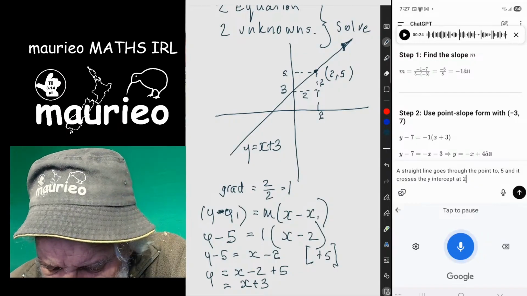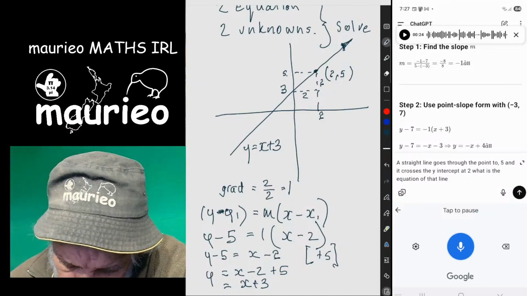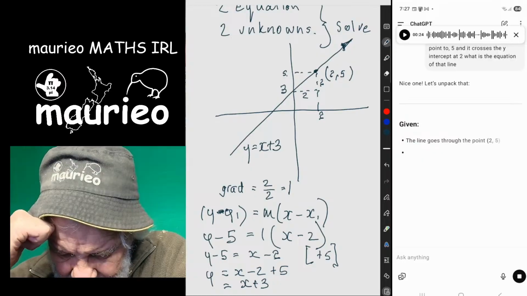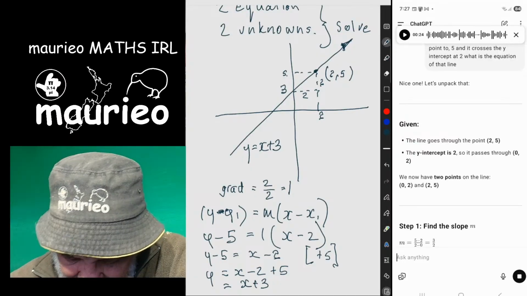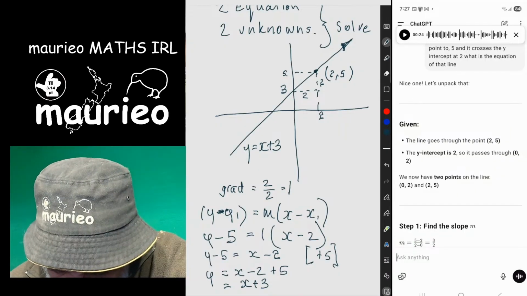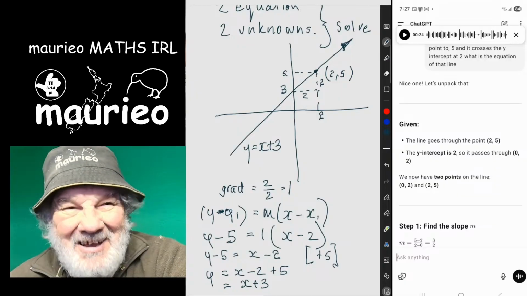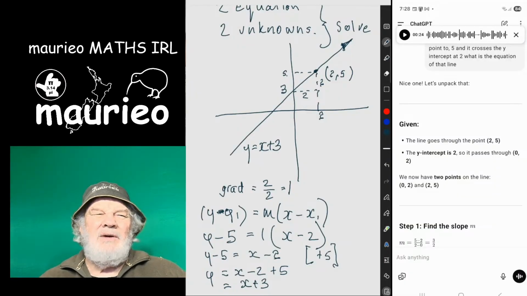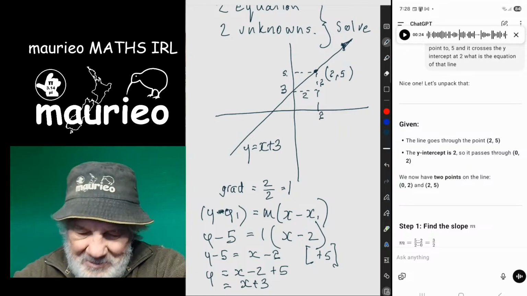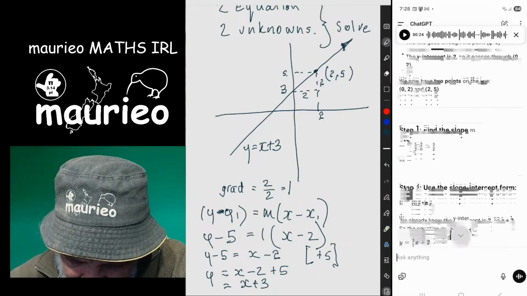What is the equation of that line? So there we go, and let's unpack (2, 5), yes, and the y-intercept is 2, so it passes through (0, 2). See? And you can see there that's why it works, is because it's got two points, which is what we did at the beginning, but it's just been formulated in a slightly different way.